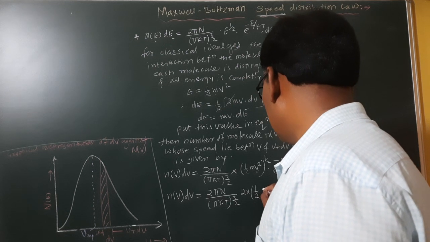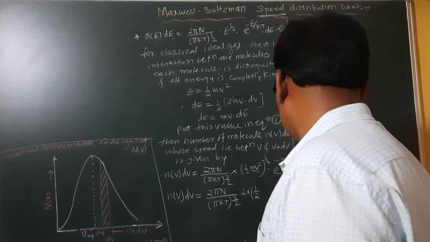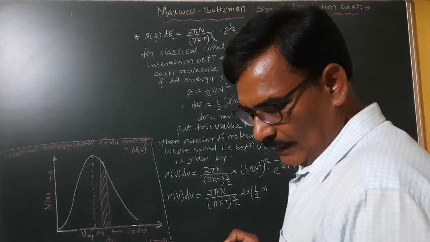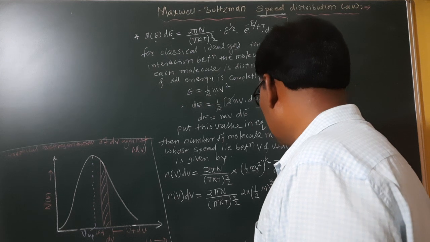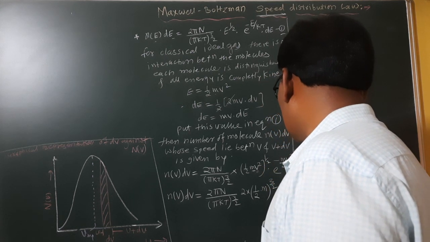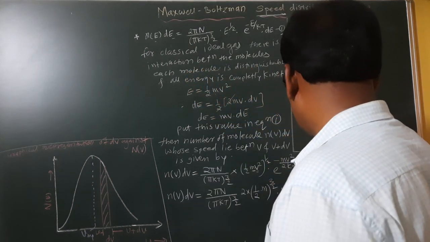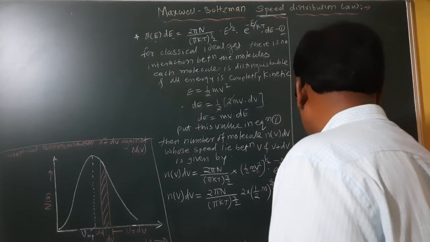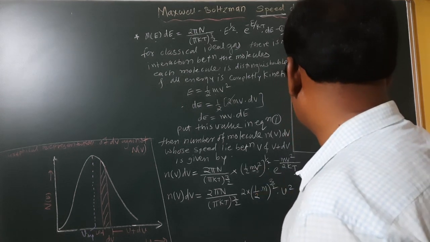Here we have m raised to half and m raised to 1, so m raised to 3/2. The v² is cancelled with v, and v into v is v².